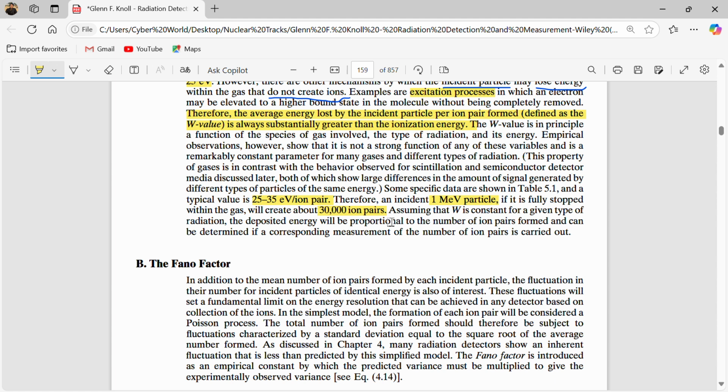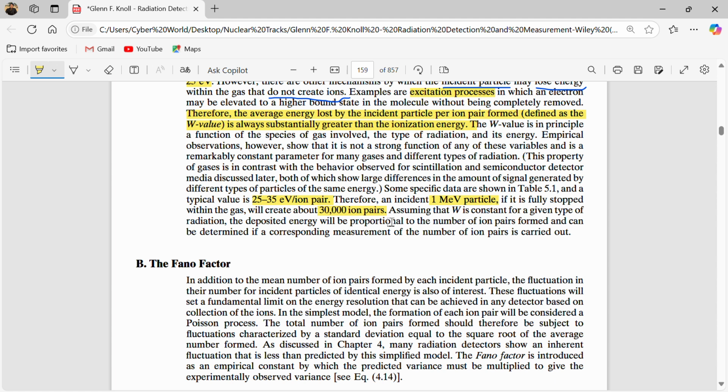This is just an example to show you that if a 1 MeV particle strikes a gas with a W value of 25 to 35 electron volts per pair and has to be stopped in that gas, how many ion pairs have to be produced? About 30,000 ion pairs should be produced, assuming that W is a constant value for a given type of radiation, between 25 to 35 electron volts per ion pair.